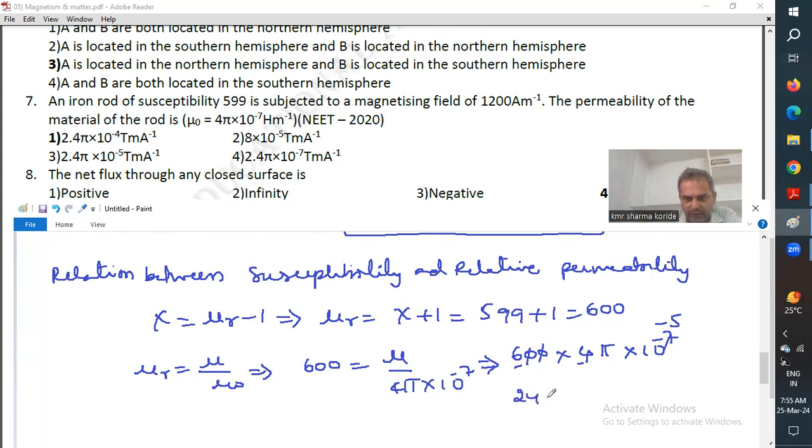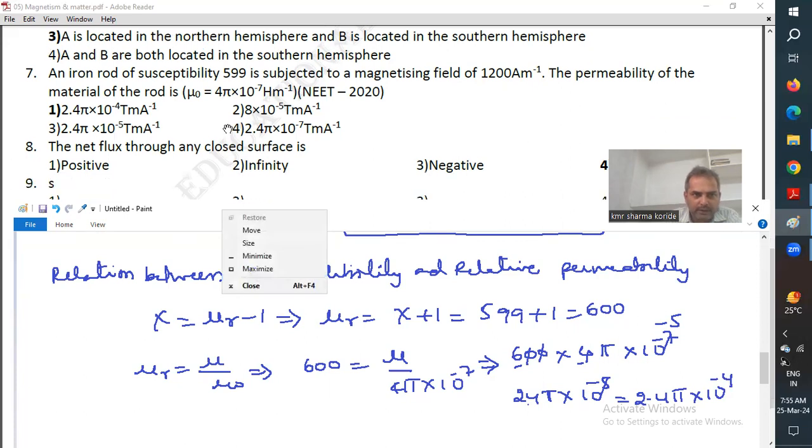So 24 pi into 10 to the power of minus 5 Tesla meter per ampere. If you want to get minus 4, this will be 2.4. So the answer is 2.4 pi into 10 to the power of minus 4. Next.